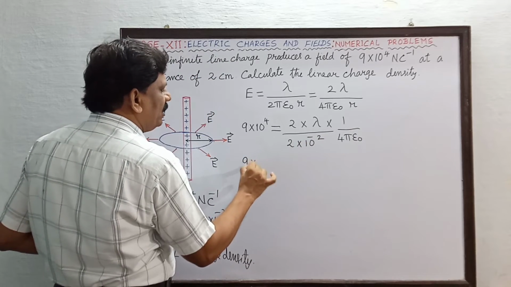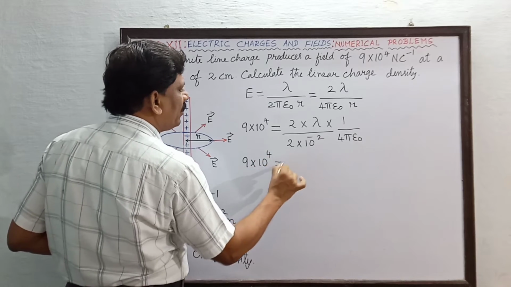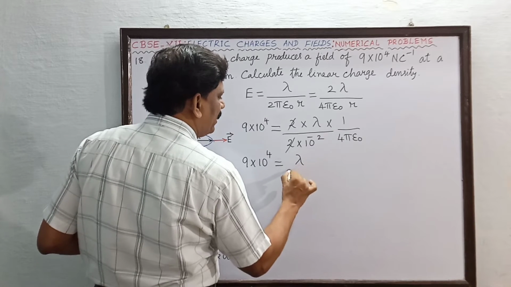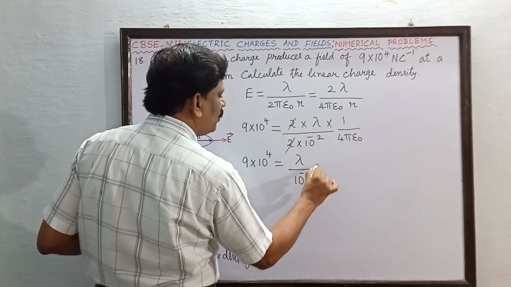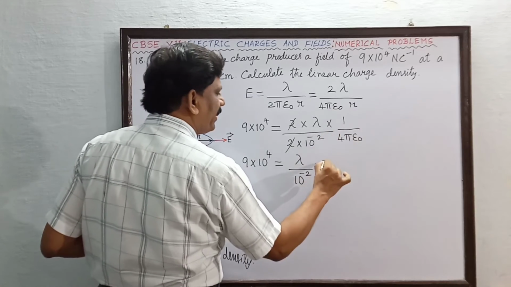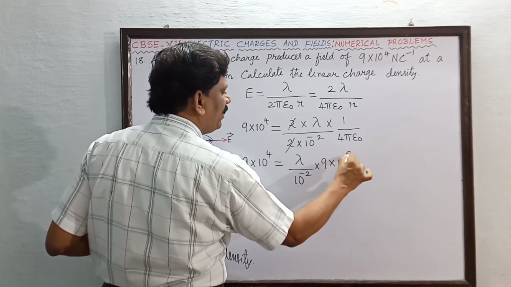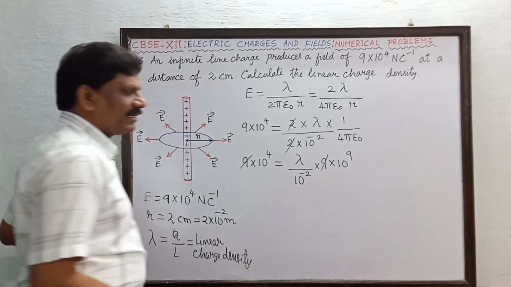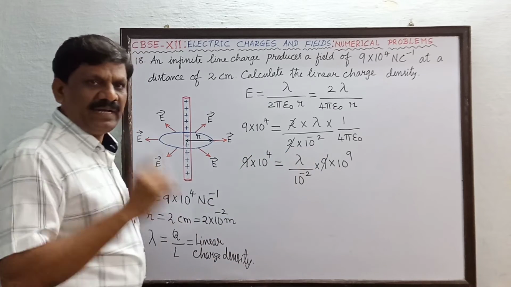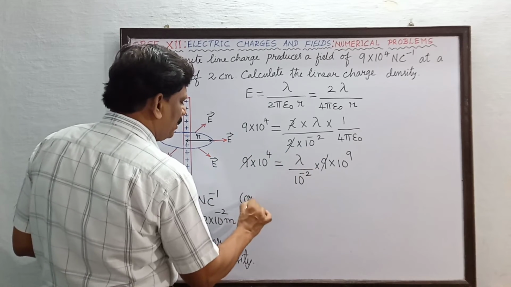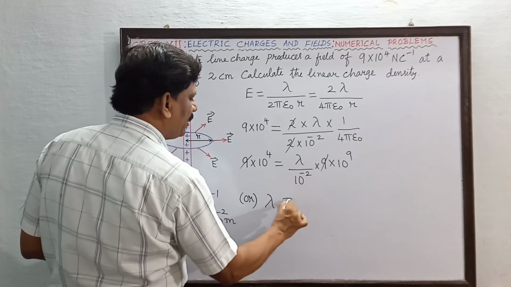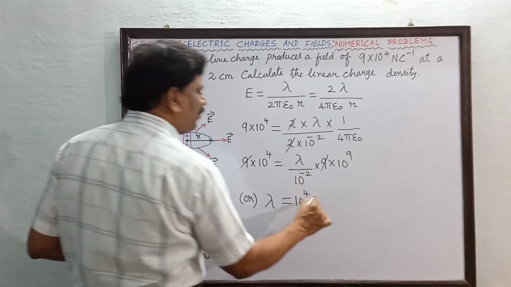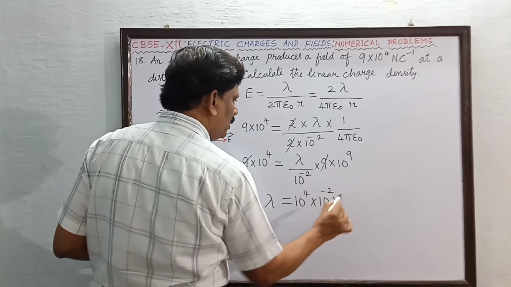So 9 into 10 to the power of 4 is equal to, 2 and 2 get cancelled, lambda divided by 10 power minus 2 into 1 by 4 pi epsilon naught. I can substitute now 9 into 10 to the power of 9, so that this factor 9 also can be cancelled. Remaining only the 10 powers must be adjusted. Lambda is equal to 10 power 4 multiplied by 10 power minus 2.